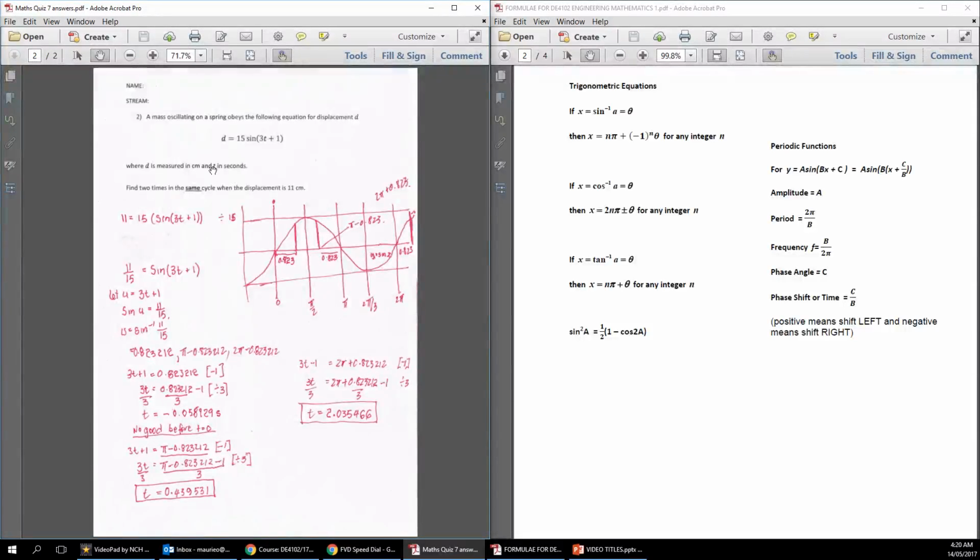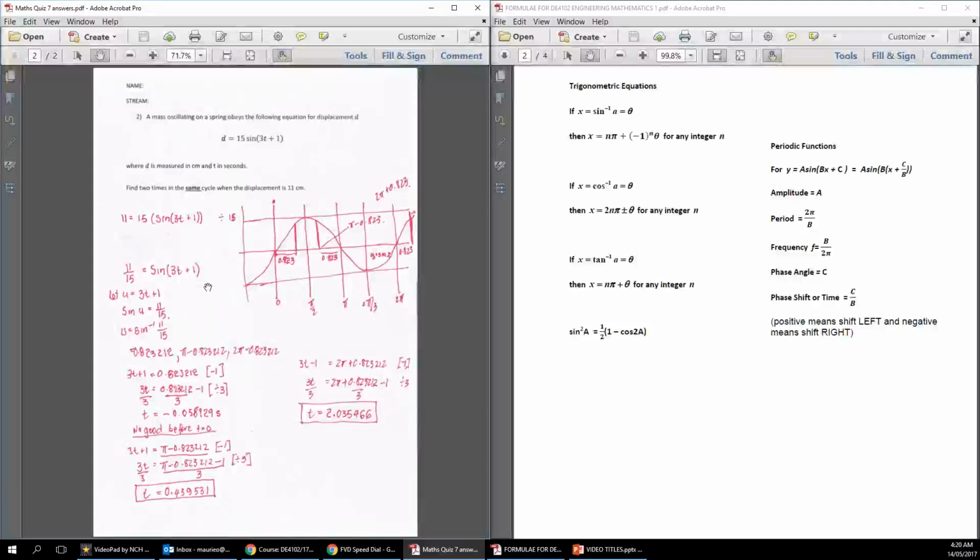So we're going to try and work out what t is. It's the only unknown variable there, because they're giving us d, and that's going to be 11 centimetres. So we divide both sides by 15. We get 11 over 15 equals sine 3t plus 1.